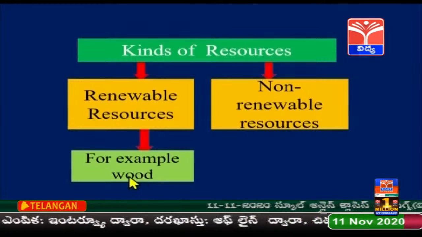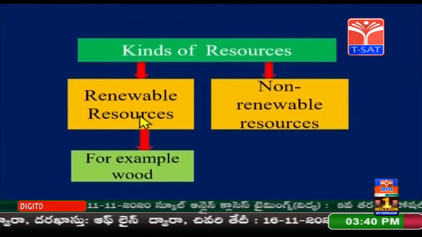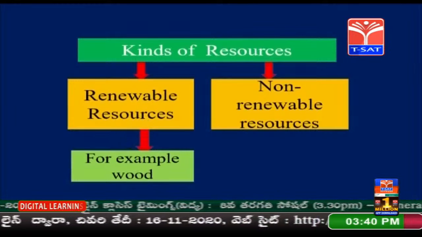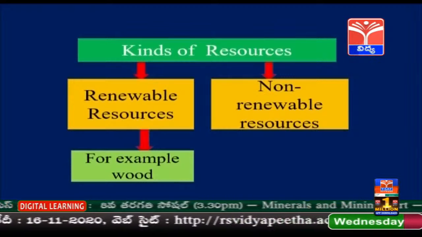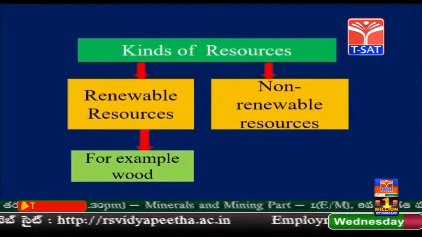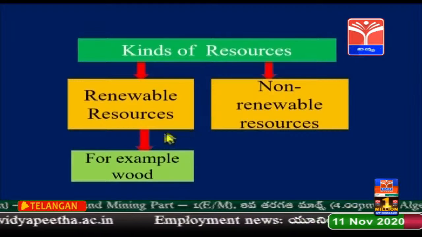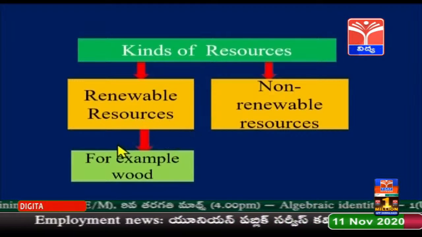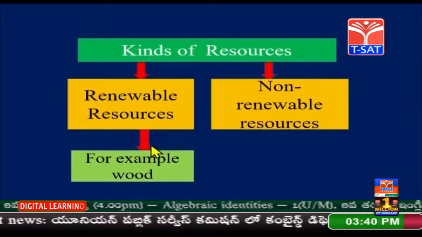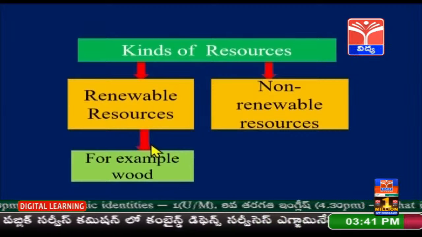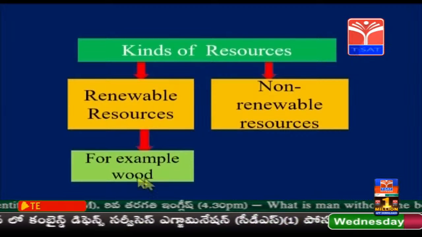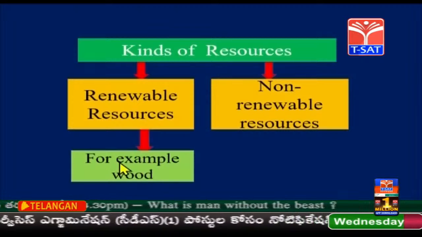How can we regenerate wood? If you cut a tree and plant another tree, there is hope that you will get the same amount of wood after some years. That is, wood is getting regenerated.